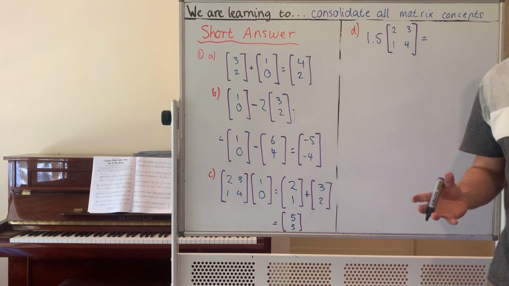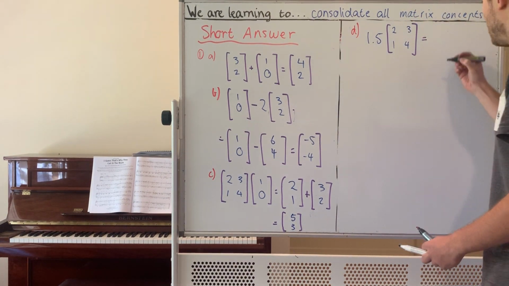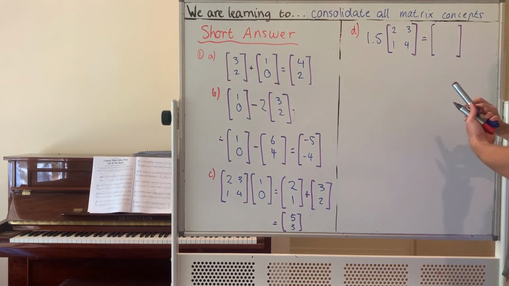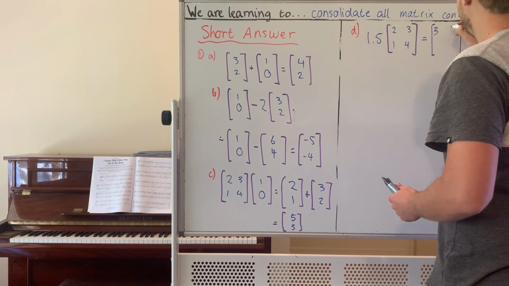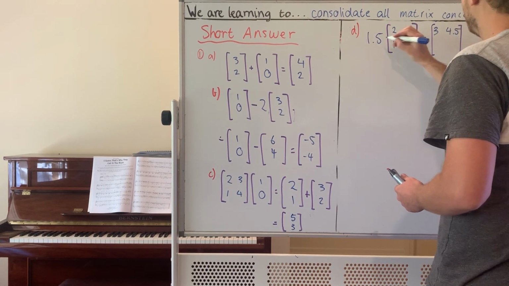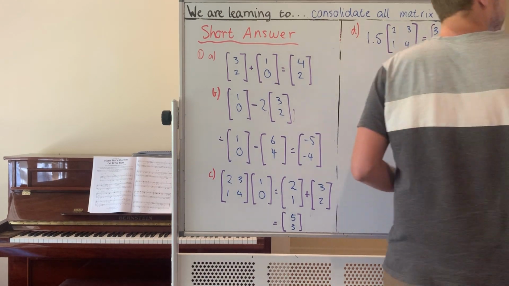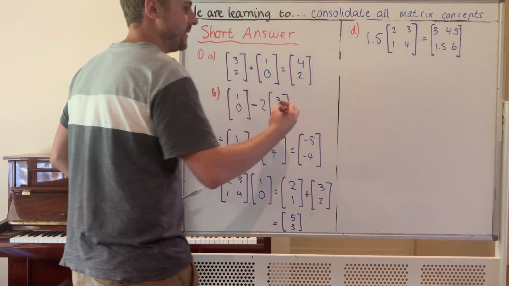As per normal, it doesn't matter whether you write your final answer as a fraction or a decimal. I don't care about that. Both are acceptable. Alright, 1.5 times 2 is 3. 1.5 times 3 is 4.5. 4.5 and 6. Those are your answers to question 1.